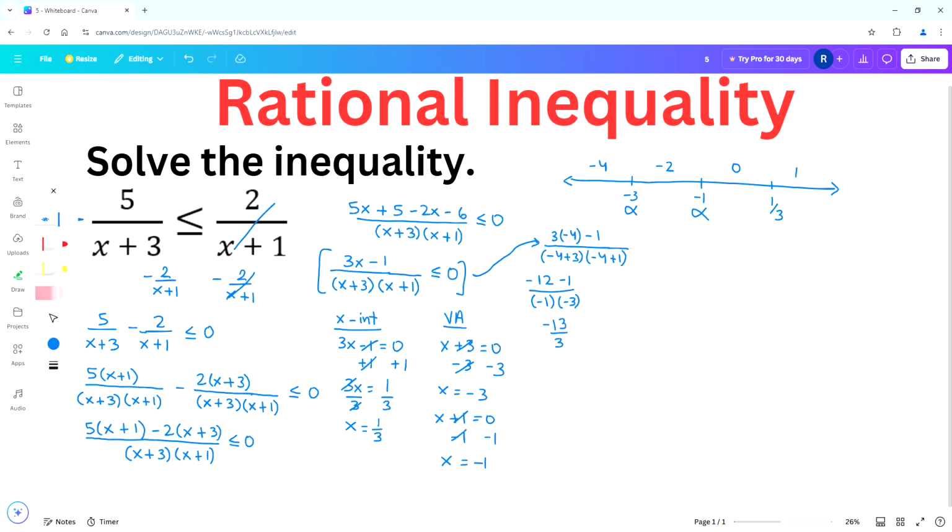I get a negative value, which is less than 0. That means the inequality is satisfied in the interval to the left side of negative 3.